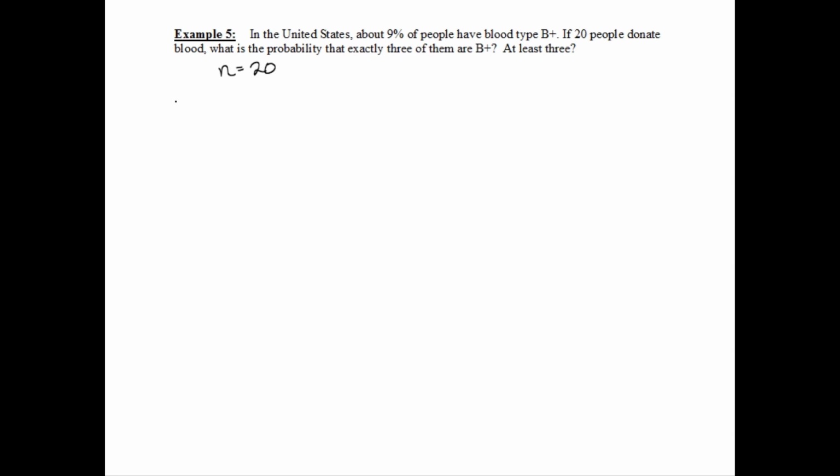What is the probability of success? Well, first of all, what is success? We're going to define success to be that the person has B positive blood. And so the probability of success then will be 0.09 because 9% have blood type B positive.